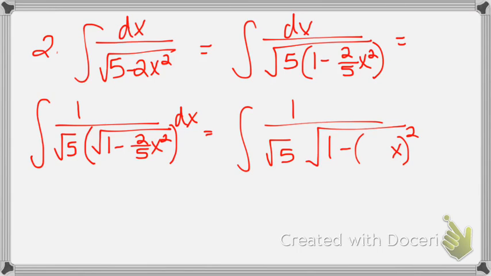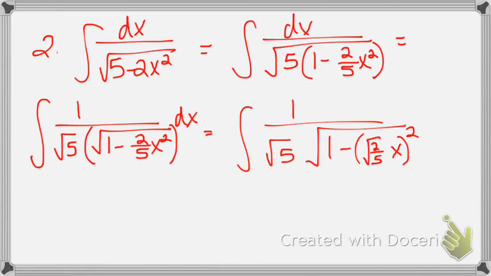I know that the x is going to be in there by itself, but what's the number going to be? Because the only way to get 2/5 when I square something is for it to be a square root. Because square root of 2/5 times square root of 2/5 is 2/5.